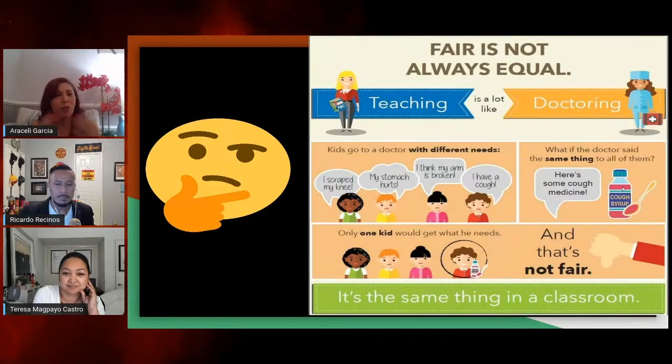All right. So we've seen this. We know about this. We know that there's a difference between equity and equality, and that we shouldn't be giving the same assignment to all of our students and expecting the same outcome, because they're coming in with so many different needs. And so really the word of the day is personalizing some of that instruction.